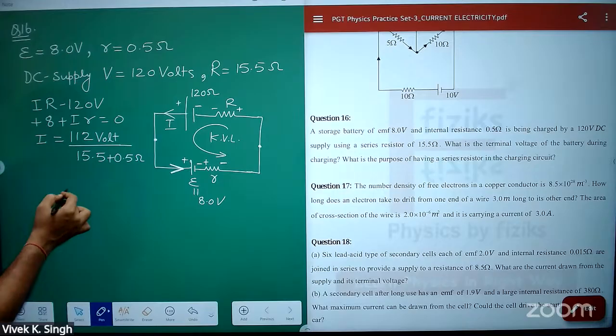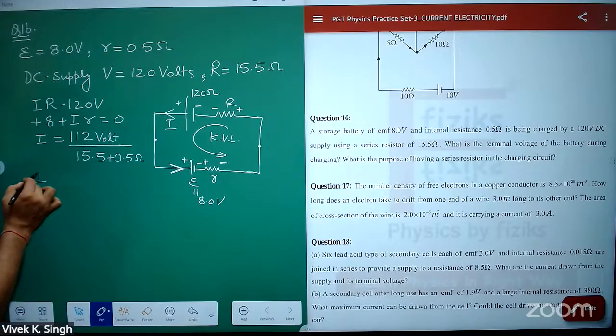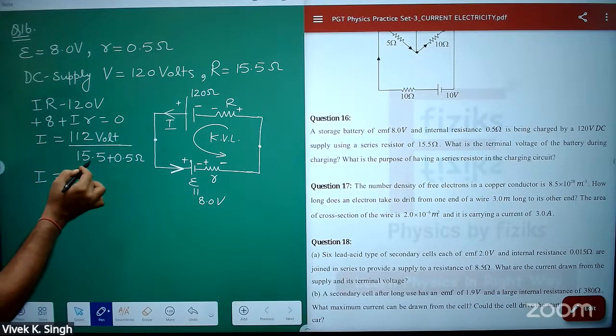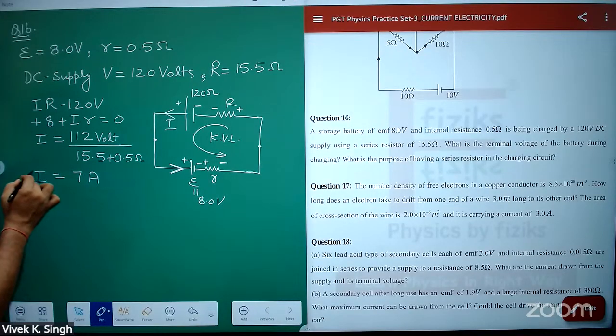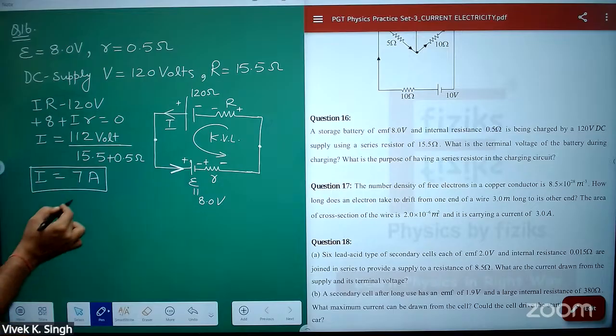So what will be the current I? This will be given by 112 divided by 16, and this will be 7 ampere. So current in the circuit is 7 ampere. Now what will be the voltage drop across R?